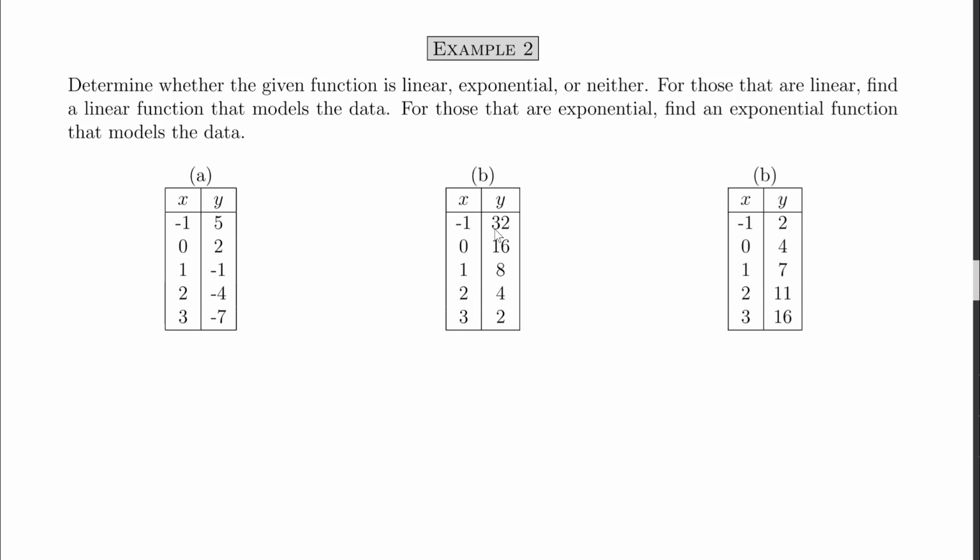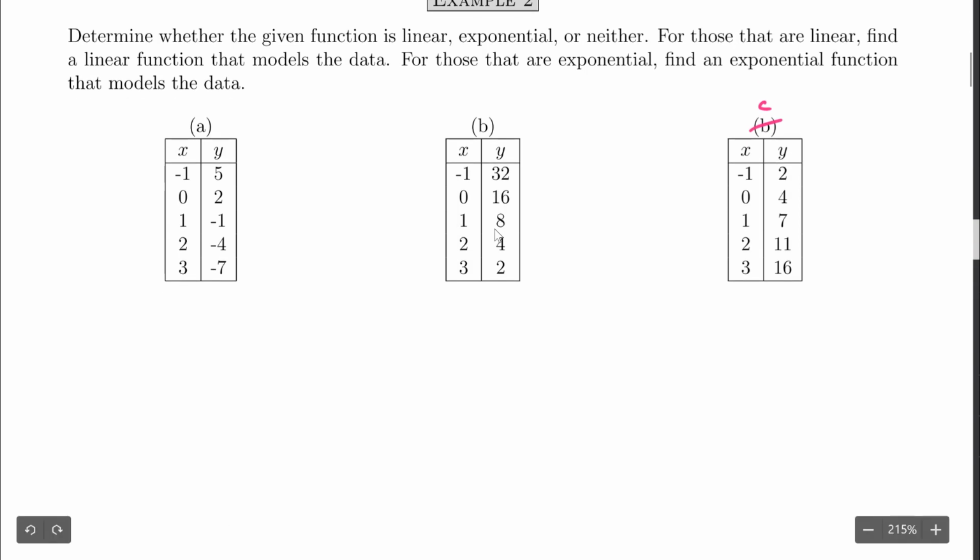So the first thing we want to do in all three of these examples is determine whether it's linear, exponential, or neither. If it's linear, we find the model. If it's exponential, we find the model. If it's neither, then we don't have to worry about it. Apparently I had a rough time typing these up because that should be part C. All right, so let's look at part A.